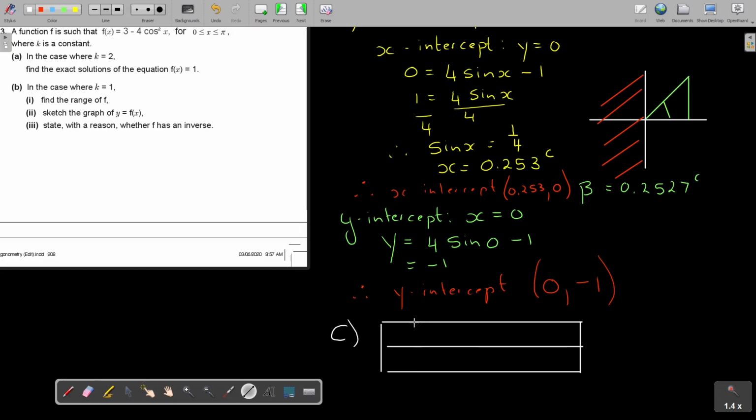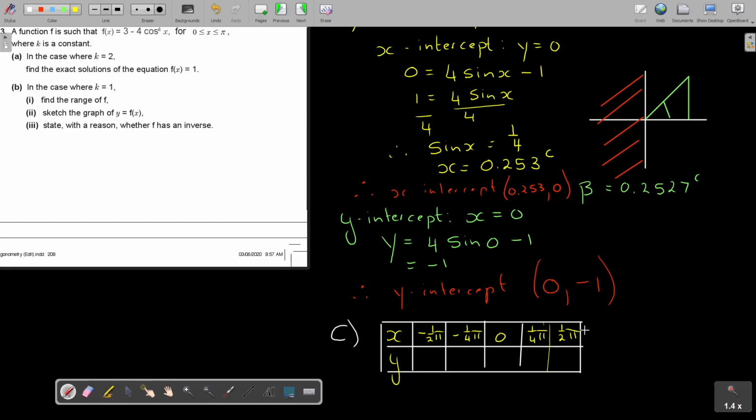And now don't forget, this is my x and this is my y. Now don't forget you're going from negative a half pi. Let's make it then negative a quarter pi, and we make it 0, and we make it a quarter pi and a half pi.